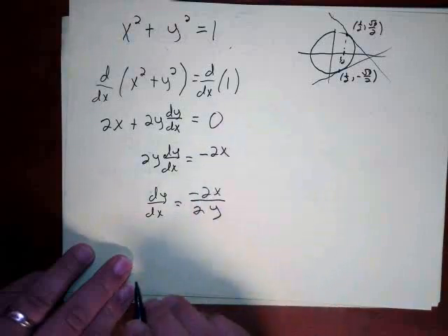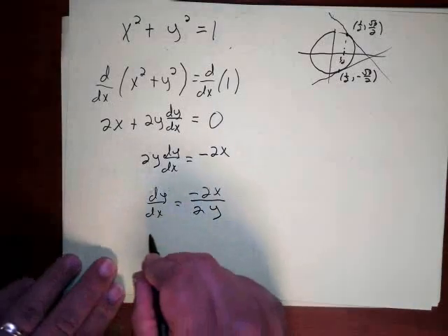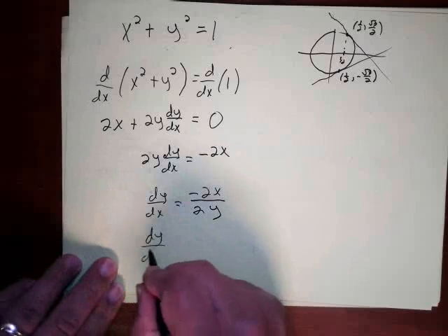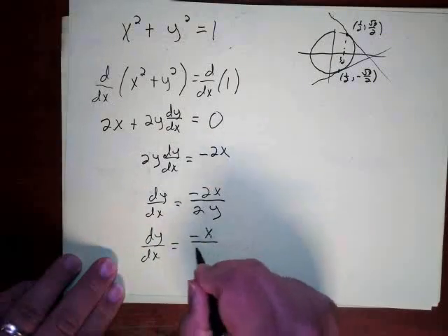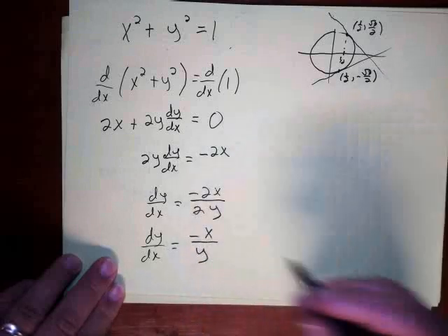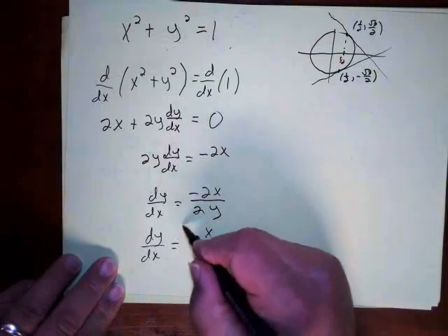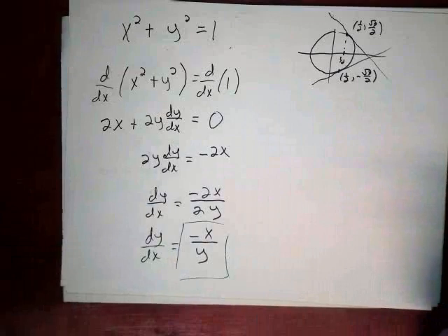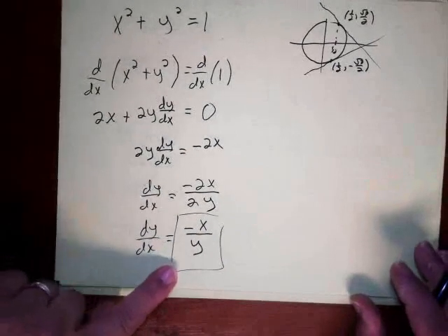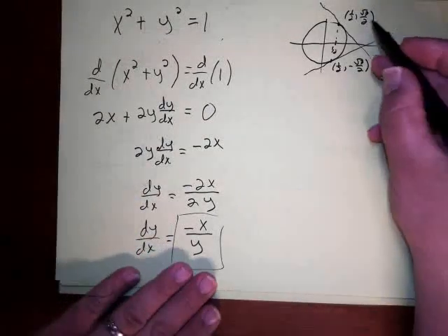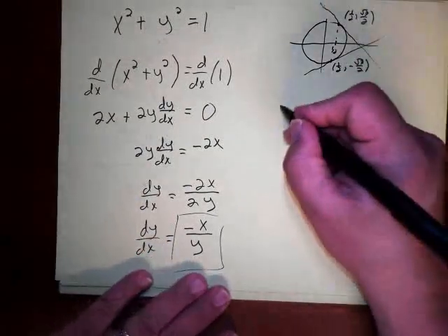And it looks like those 2's cancel out, so then I get dy dx is just equal to negative x over y. And so this is my dy dx. And it is now an expression involving x and y.